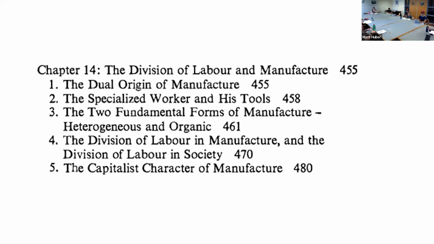Another fascinating section: the division of labor in manufacture, and division of labor in society. So here they talk about how we think about how capital subdivides labor in their own enterprise, in their own factory, in their own manufacturing establishment.